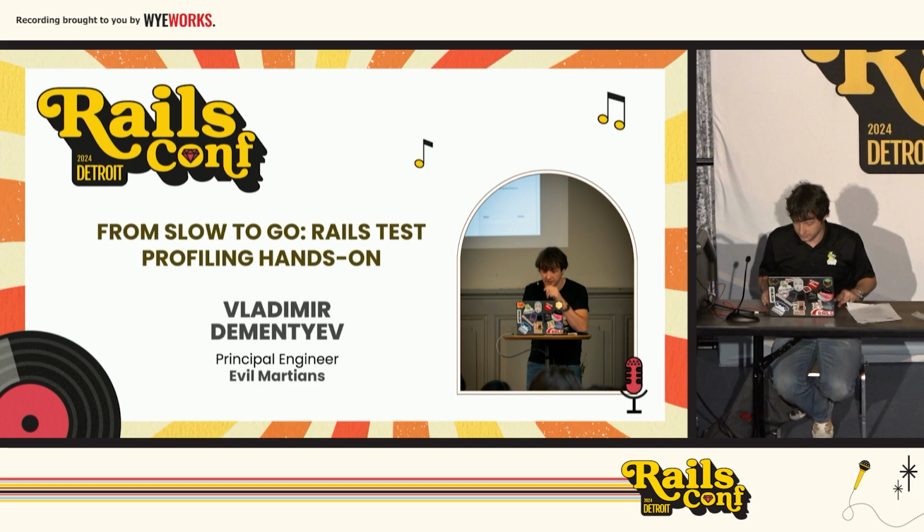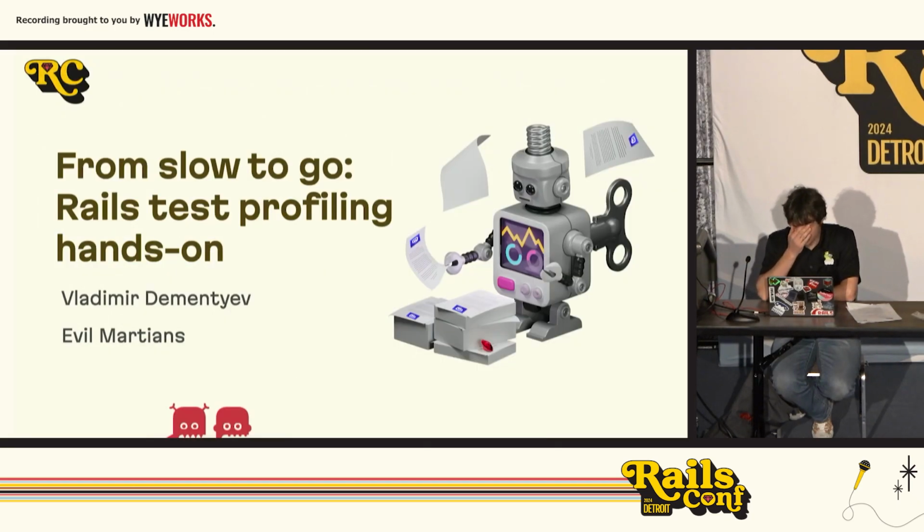Okay, let's start. We have just 2 hours and really huge plans for this code base. We're going to do test profiling today. It's really cool that we had this keynote this morning on, I would say, general profiling for Ruby.